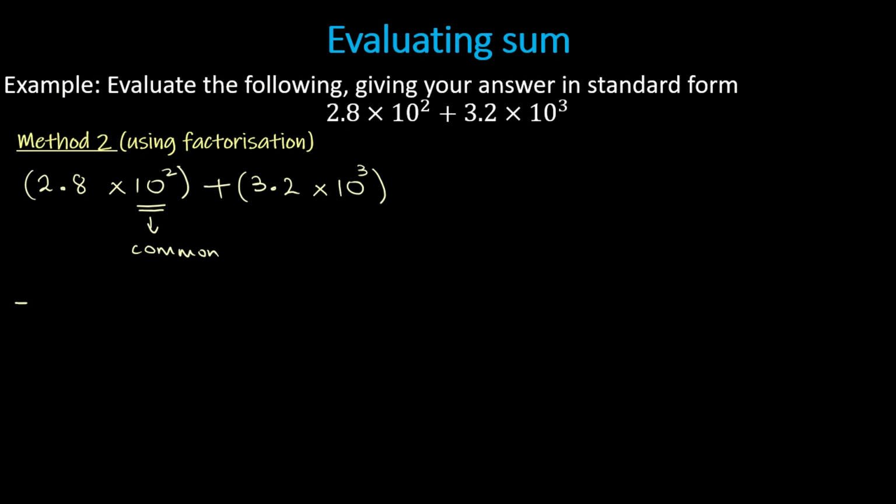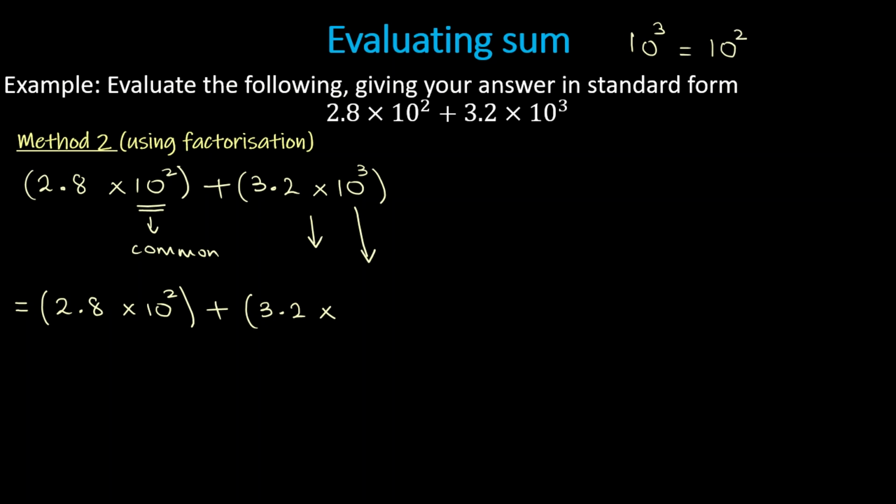But first, what you do is simply you write the given question as 2.8 times 10 to the power of 2 plus, now the second number here, 3.2 times this 10 to the power of 3, you break it down. 10 to the power of 3 can be written in terms of 10 to the power of 2.